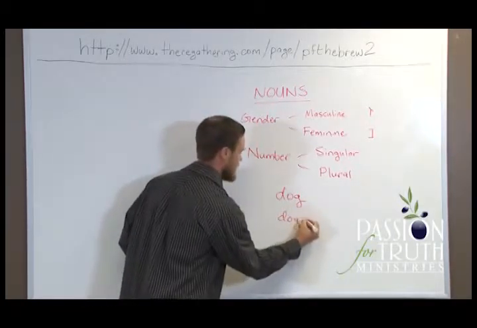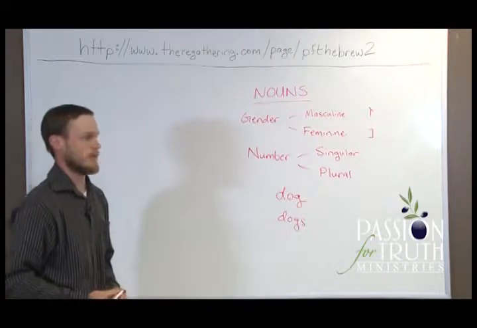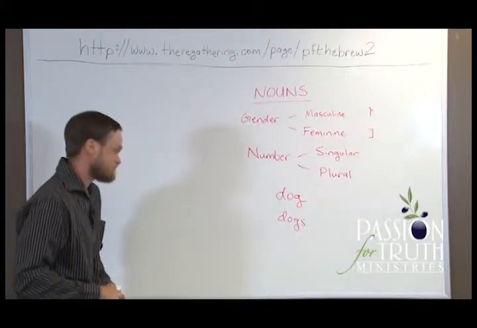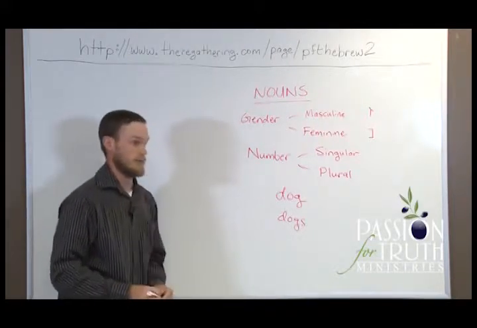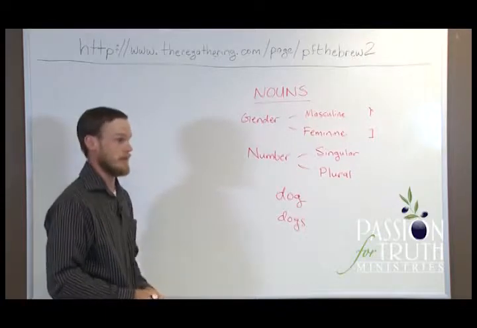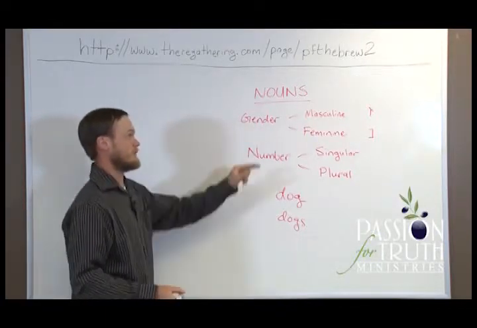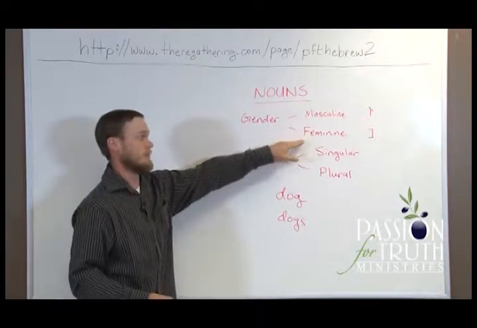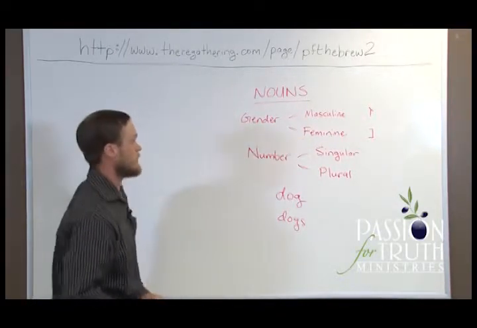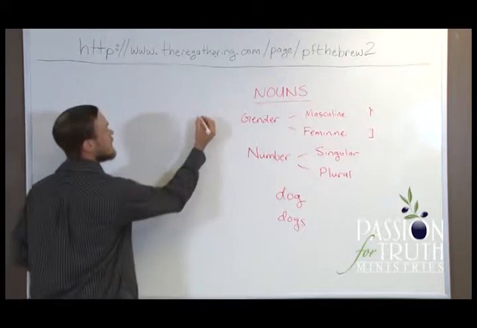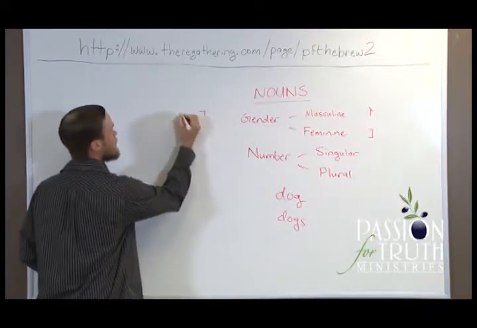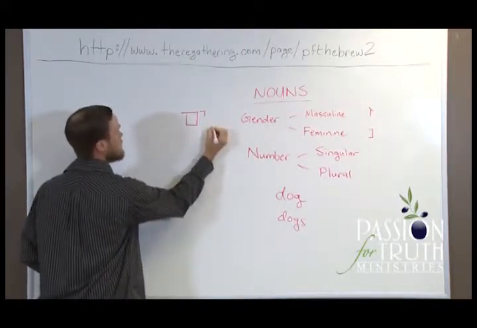Add an S, the S suffix, dogs, means more than one dog. It's plural. Hebrew does the same thing. It has a suffix indicating plurality. But Hebrew has a different suffix for masculine nouns than it does for feminine nouns. So for masculine nouns, the plural suffix is im.